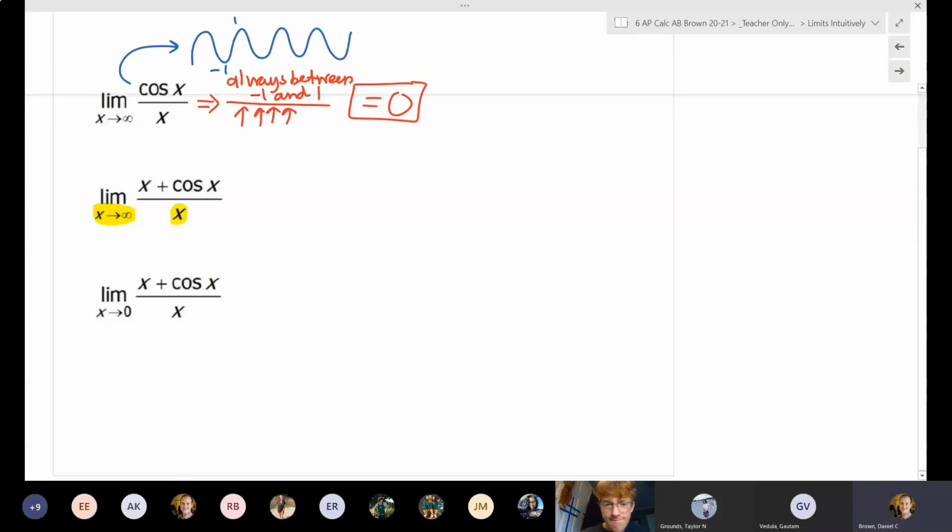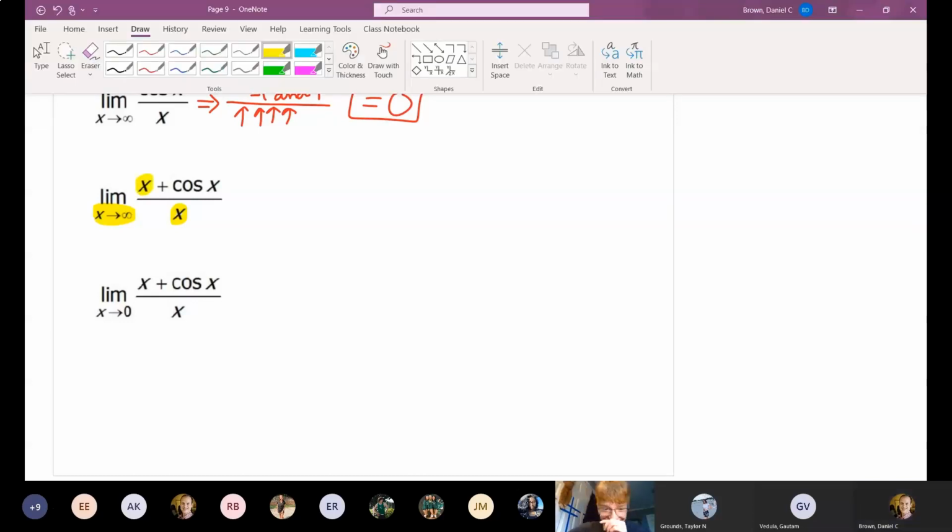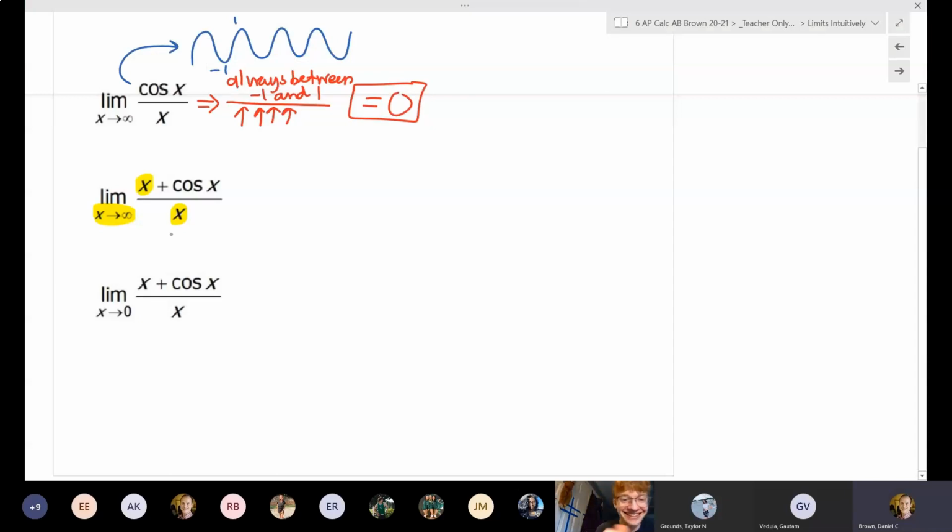In the numerator, an x or a cosine, which one's going to be bigger? The x. Cosine is again stuck between -1 and 1, while x can keep getting bigger and bigger. So looking at the end behavior model for this one, what is it going to reduce to? 1. So the limit for this one is now 1.